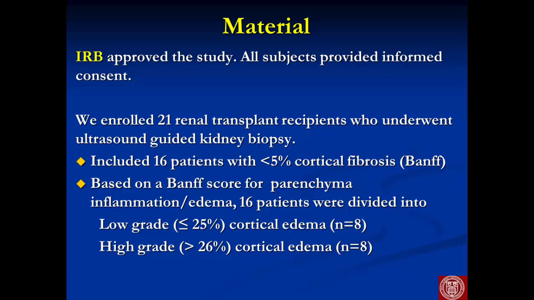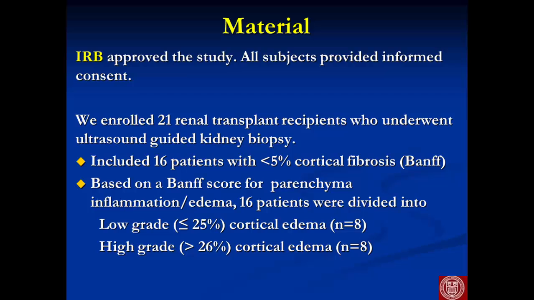The study was approved by the IRB at Weill Cornell Medical College. All subjects provided informed consent. Initially, we enrolled 21 renal transplant recipients who underwent ultrasound-guided kidney biopsy. In the study, we included 16 patients because those patients had the same cortical fibrosis, less than 5%.